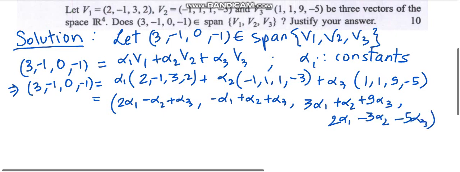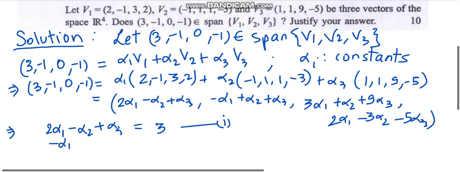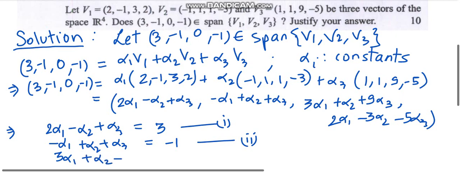Okay, so this gives you a set of 4 equations. 2 alpha 1 minus alpha 2 plus alpha 3 equal to 3. Let's say this is equation 1. Then you have minus alpha 1 plus alpha 2 plus alpha 3 equal to minus 1. Let's say this is equation 2. The third equation is 3 alpha 1 plus alpha 2 plus 9 alpha 3 equals 0.